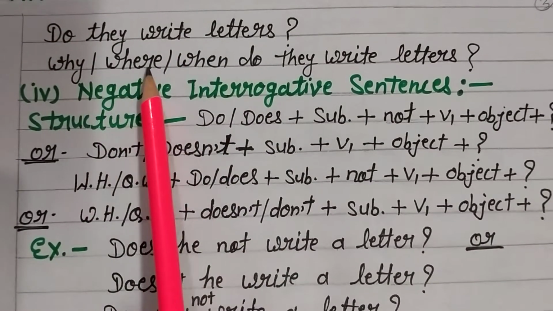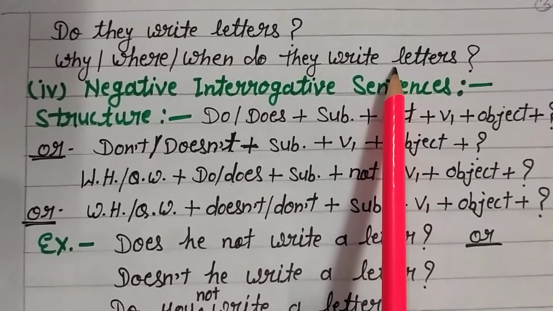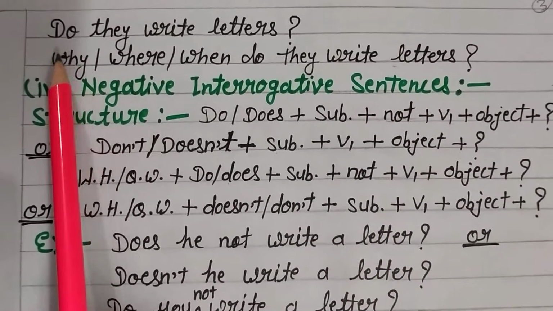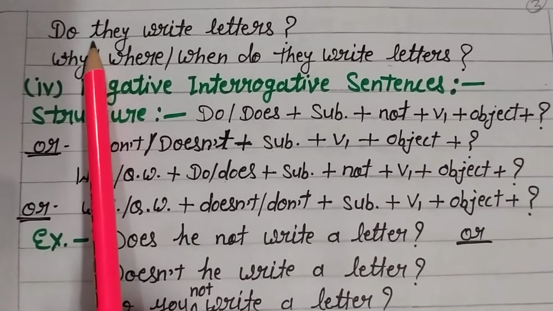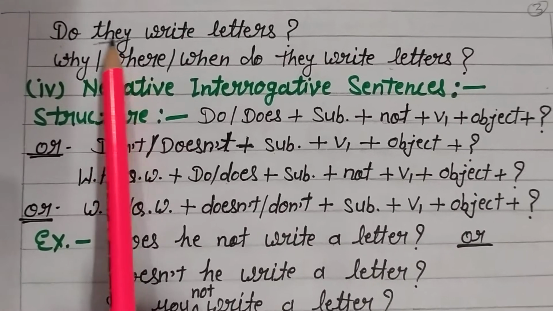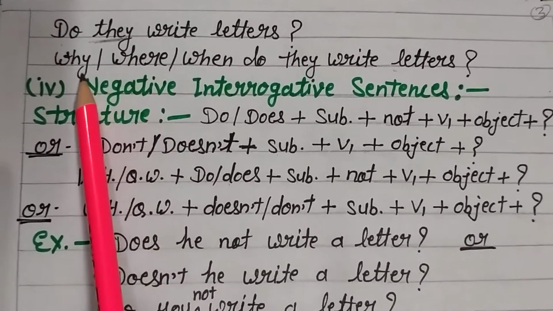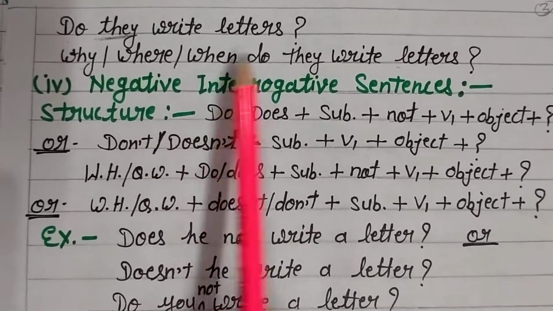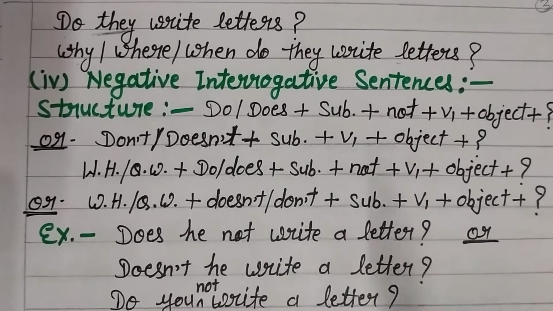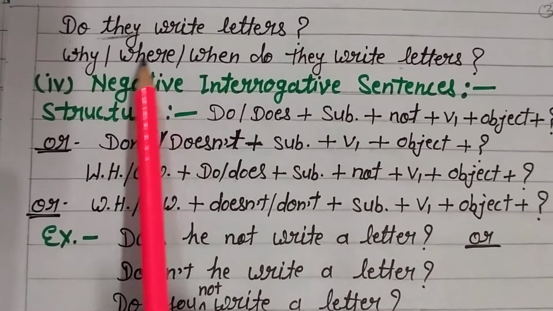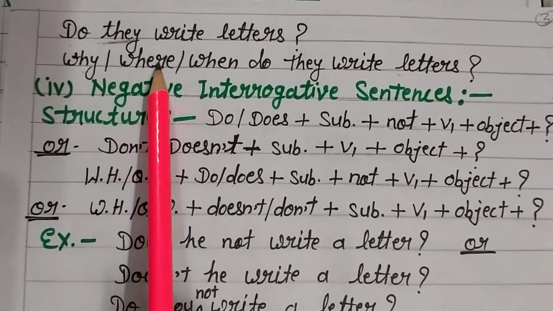Why, where, when do they write letters? We use do with the plural noun they. They is the plural noun. Why, where, when do they write letters? We use only one word: only why, where, or when.